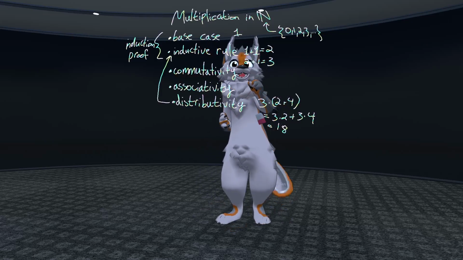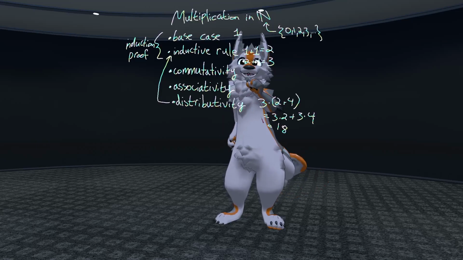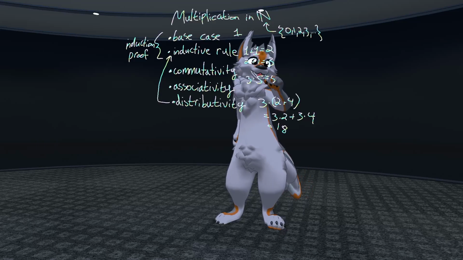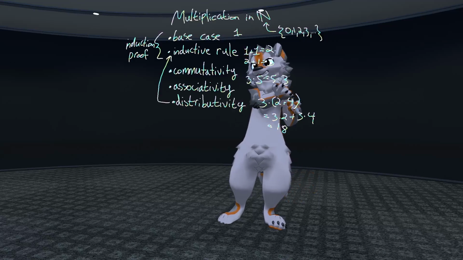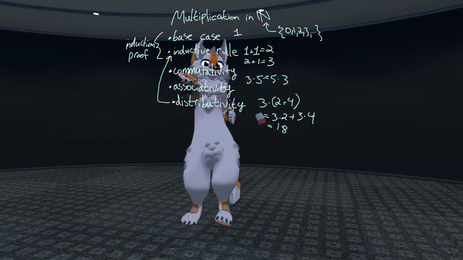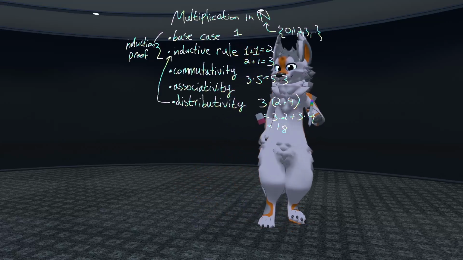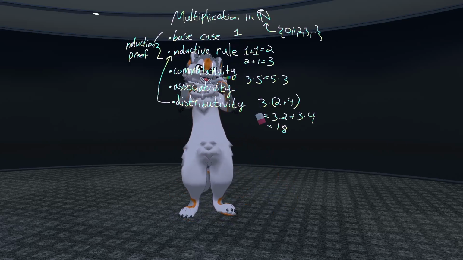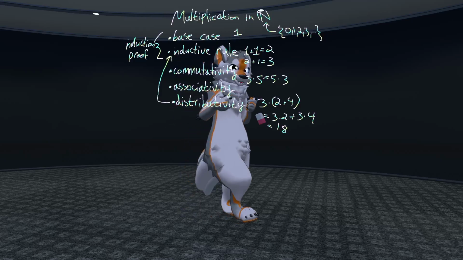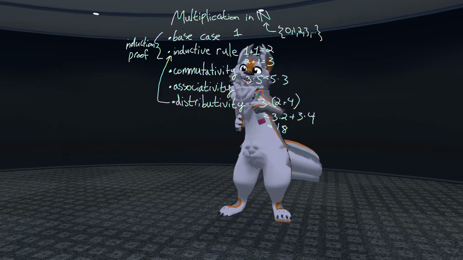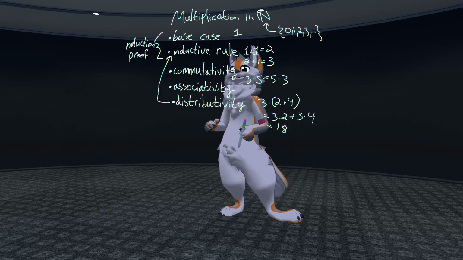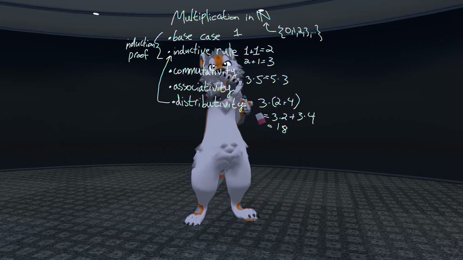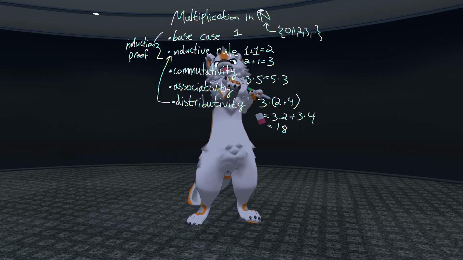And if you don't know what commutative means, I think we went over this in the last video, but basically 3 times 5 is the same as 5 times 3. You can swap the operands around. That's commutativity. Now, that's a funny, quirky coincidence, right? I would say it's almost a surprising coincidence, because in the previous video, I gave the example of distance between 2 points, which is a commutative operation.